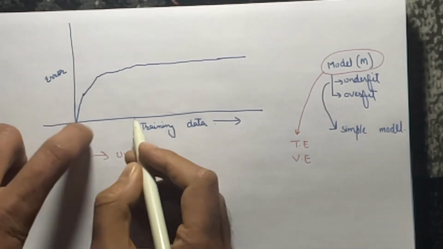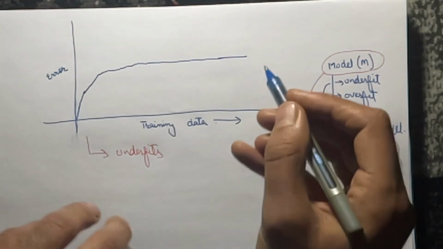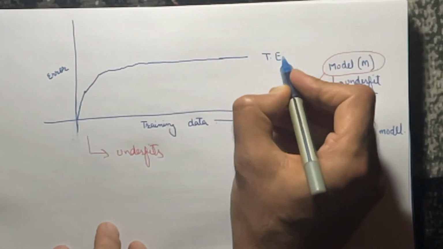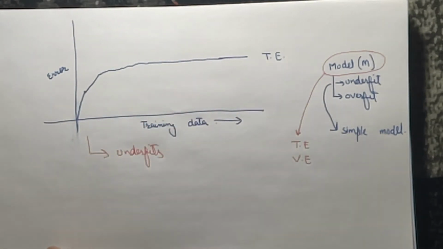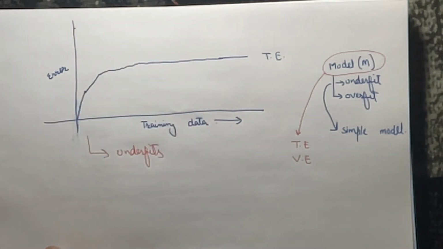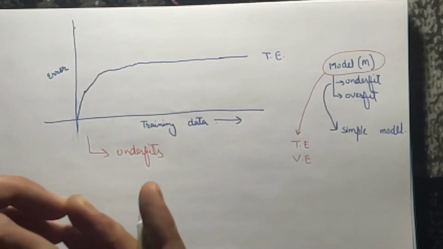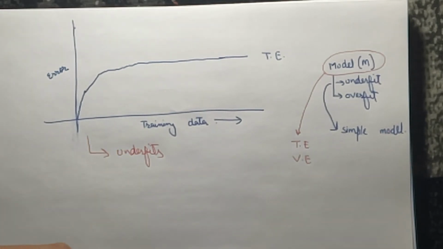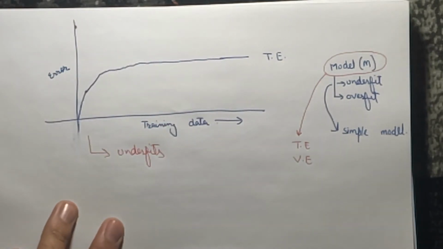Now for the same model, let's see the validation error. This was our training error on training data, and initially the validation error will be very high. Why? Because initially we have a small training data, and small training data won't be able to capture the entire relationship on unknown data as well.